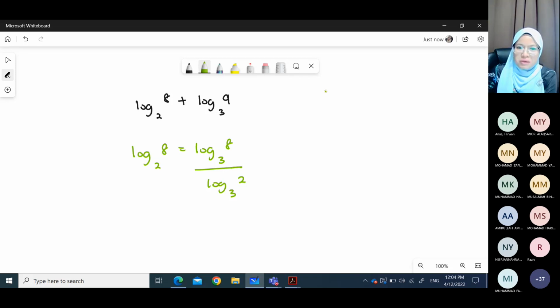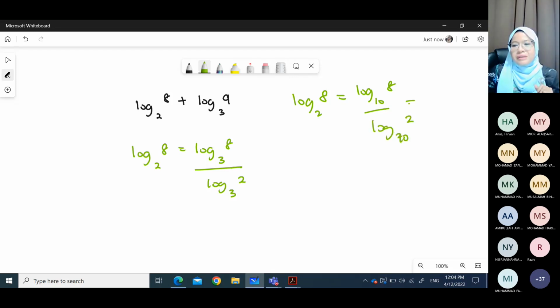Kaedah sama macam yang tadi kita buat dengan calculator MS991 tu. Katakan you nak kira untuk log 2 8. Okay, so bila you guna calculator yang tadi, kita tukar kepada base 10. Sebab dalam calculator MS991 dia ada base 10 sahaja. So, kaedah dia adalah log 10 8 over log 10 2. Sebab kalau guna calculator yang tu, you just press log 8 over log 2.